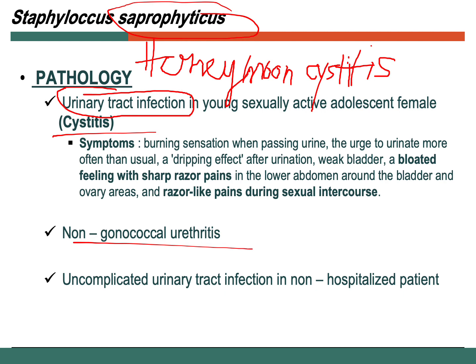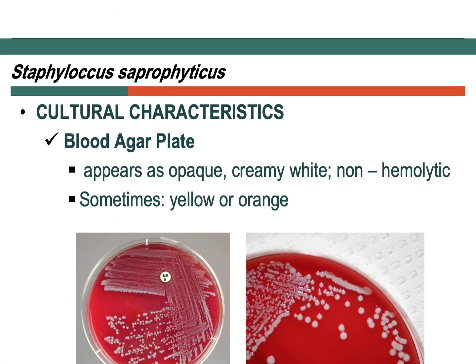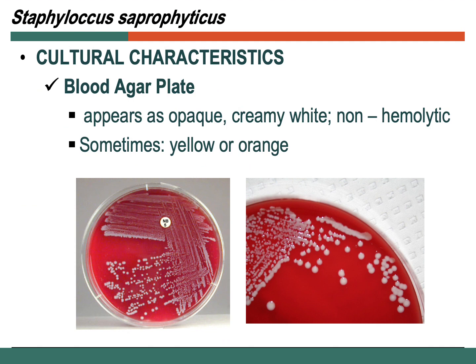It can also cause non-gonococcal urethritis, and it can also cause uncomplicated urinary tract infection. Usually it appears as opaque, creamy white, non-hemolytic colonies. Sometimes there are also saprophyticus strains that have yellow or orange colonies.